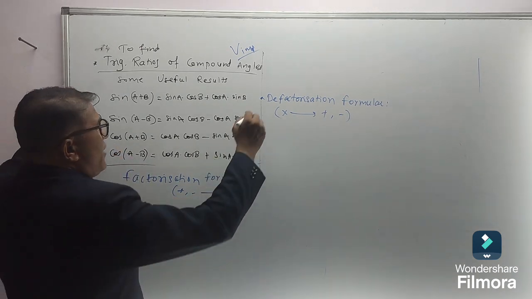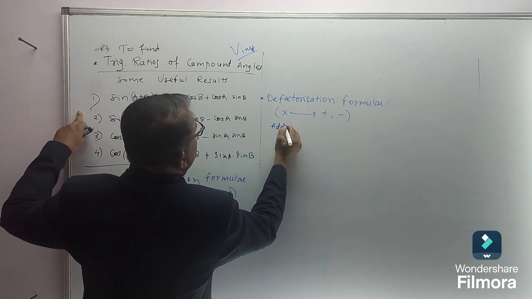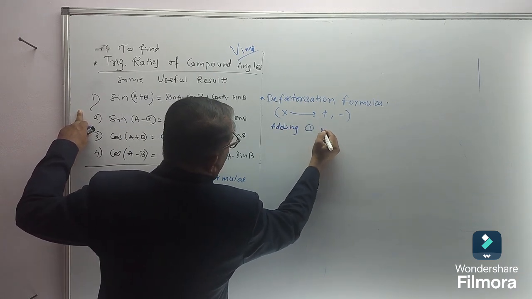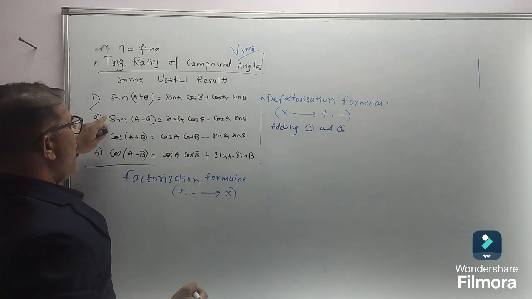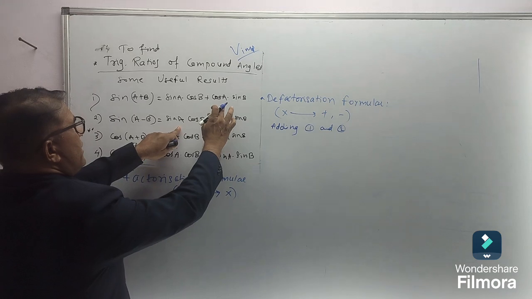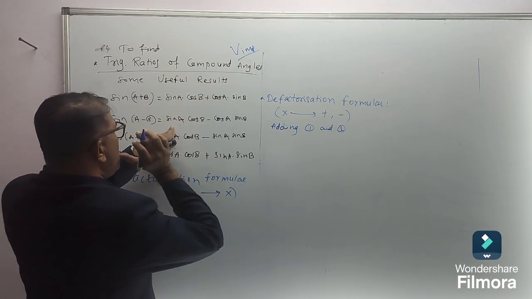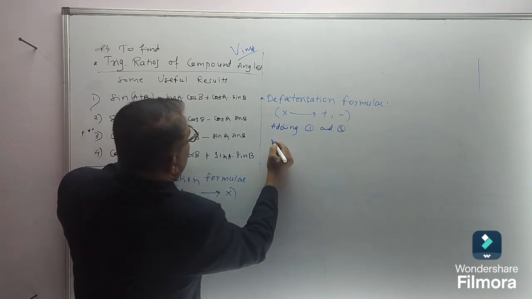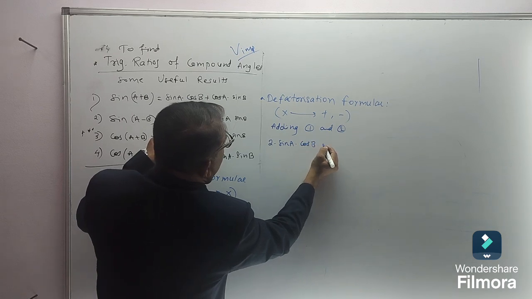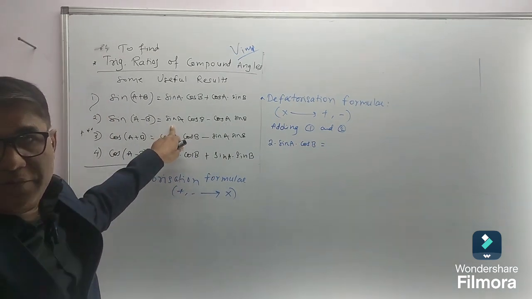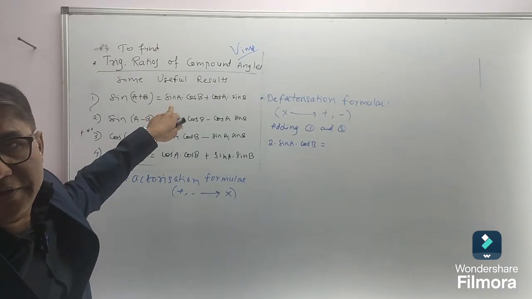Okay. Adding 1 and 2, this plus minus gets cancelled, therefore we can write 2 sin A cos B is equal to... I am deriving factorization and defactorization formulae from these compound results only.